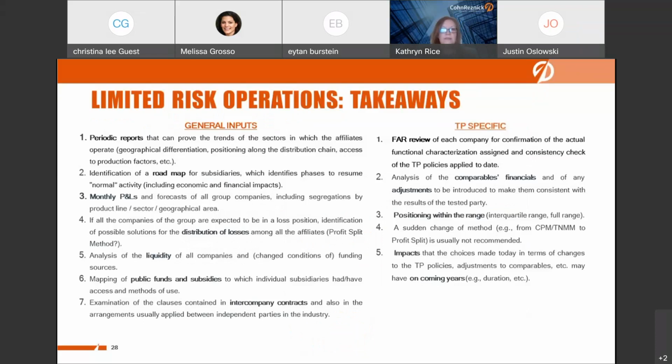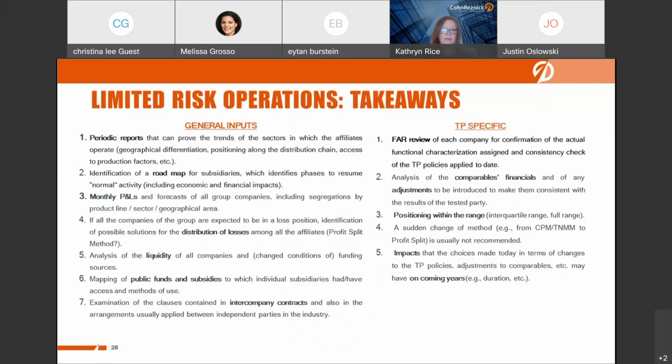Some general takeaways. I'll leave these for you to go through if you're interested, but it's, again, more of the process that we go through and the things that we'll think about, not just for limited risk operations really, but in sum total for transfer pricing review, right? So you need periodic reports, roadmaps for subsidiaries, monthly P&Ls and forecast.